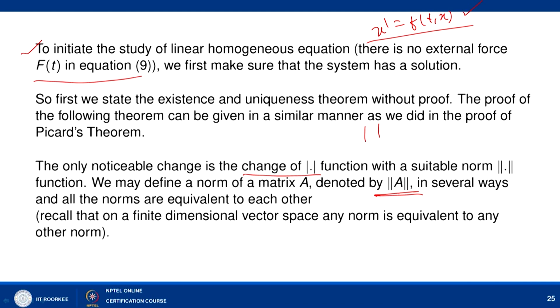It is a property of a finite dimensional vector space that whatever norm you define, they are going to be equivalent norms. Equivalent means it is not the same norm, but the qualitative properties are the same whatever norm you choose.